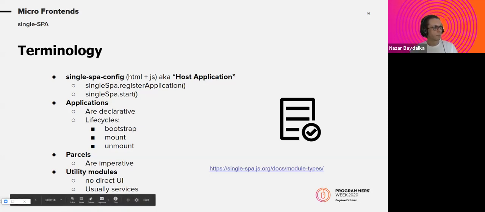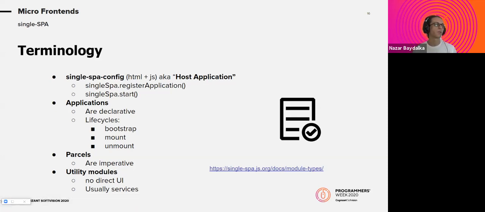Applications, so micro frontends are just called applications. Actually, single-spa supports a few types of micro frontends. It could be applications, parcels, and utility modules. And this is the difference between each of them. Application is the recommended way.